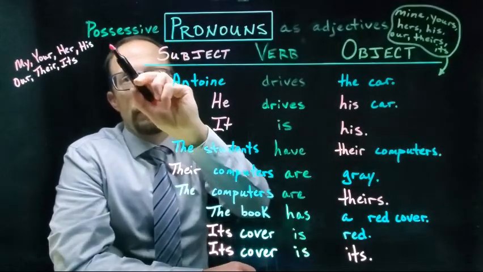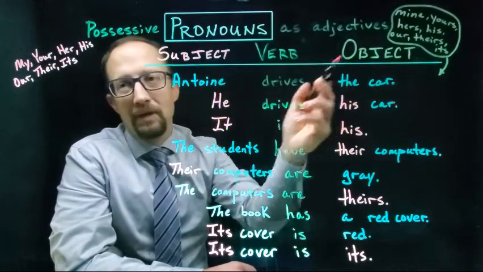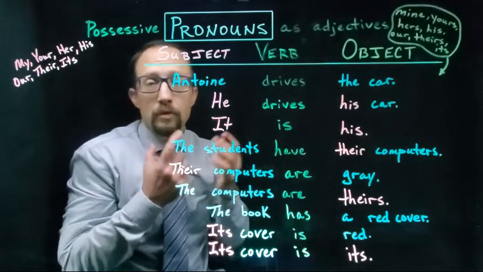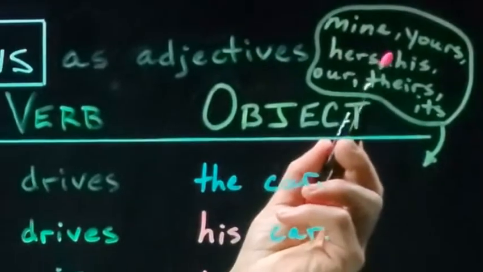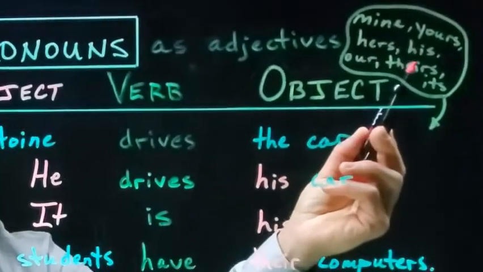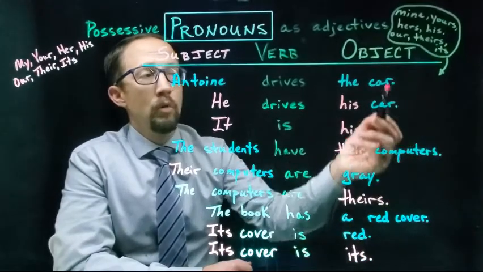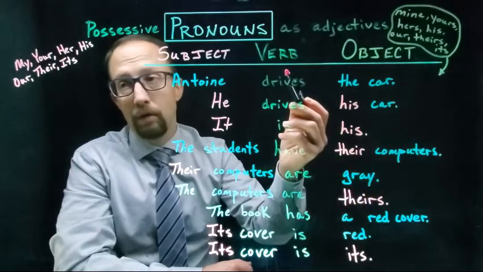Let's look at possessive pronouns as adjectives. Possess means to have. So remember from your notes, mine, yours, hers, his, ours, theirs, its. Always go on this side, on the object side of the verb.